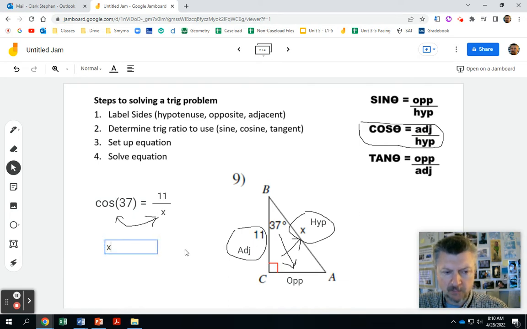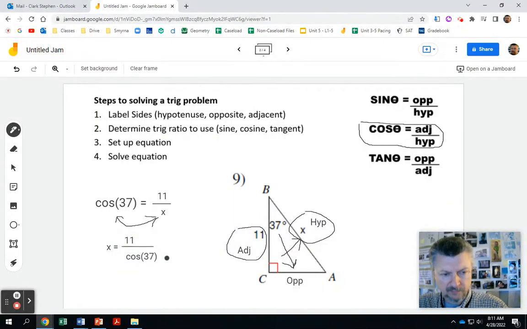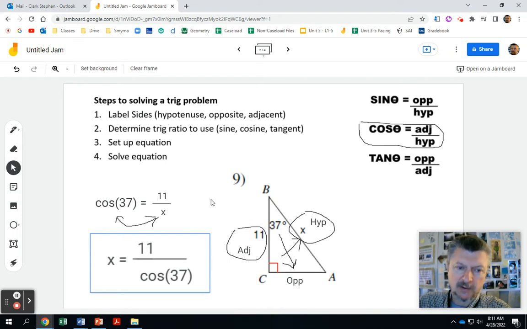The x is now over here, and that's going to equal, the 11's in the same place, 11 divided by cosine 37. That's the equation we're going to solve right there.